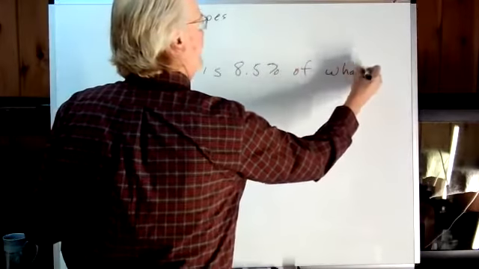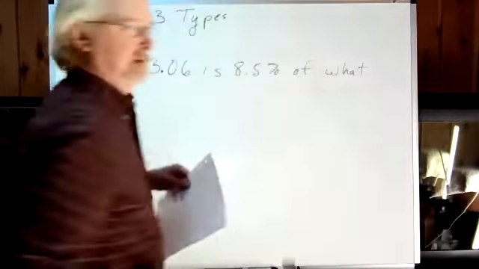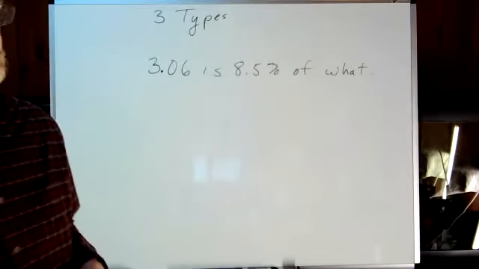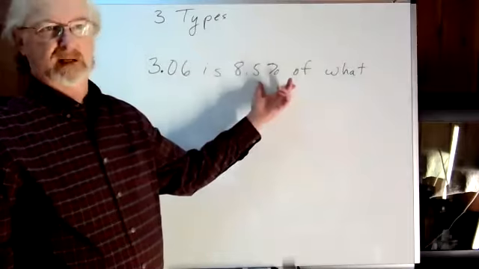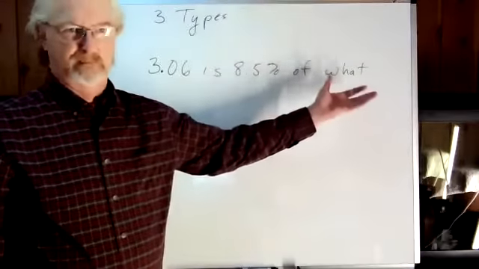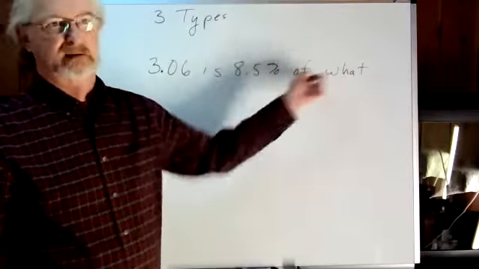Again, the same situation as the previous example, but I kind of wrote the sentence in reverse order. This number is the result of 8.5% of some starting value. What was that starting value?